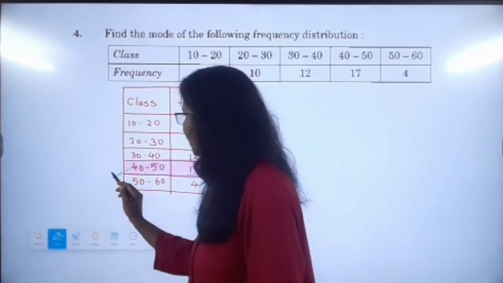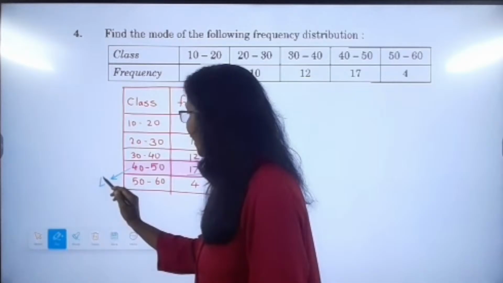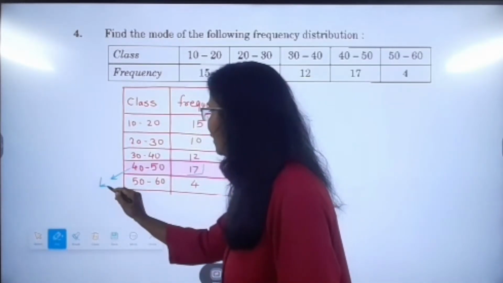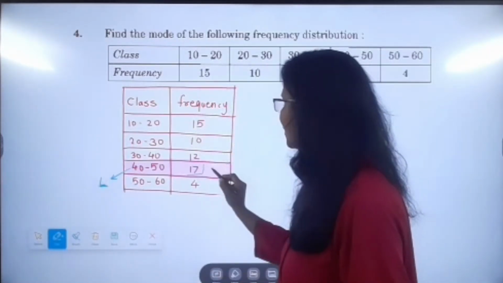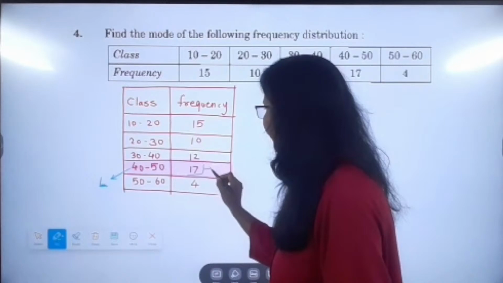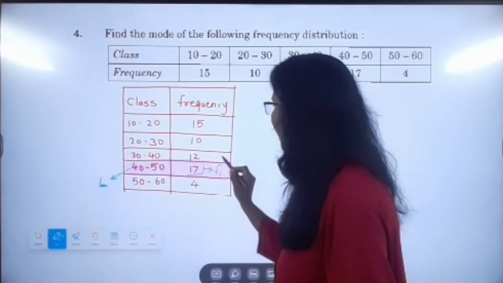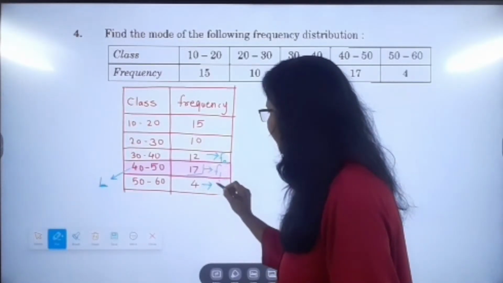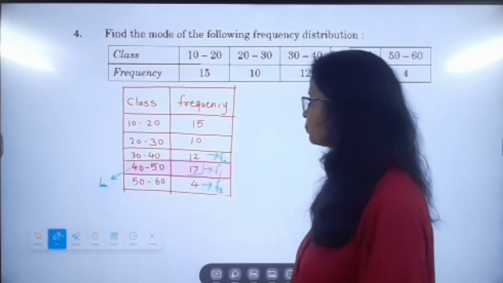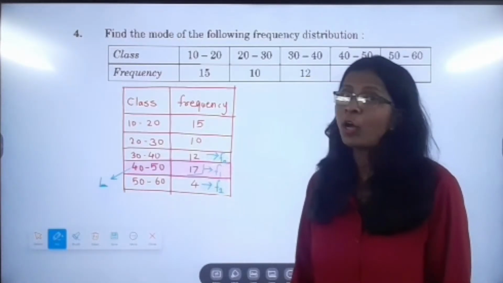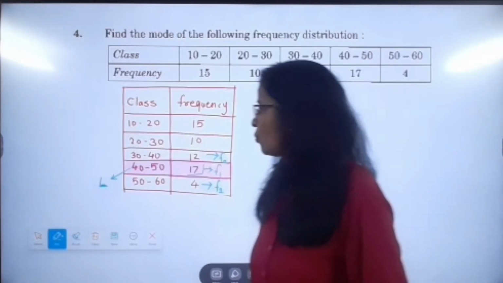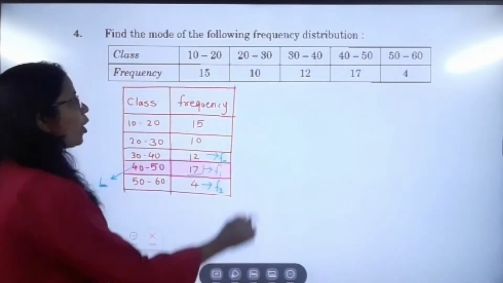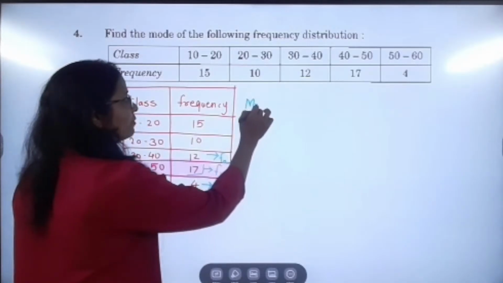Now from this we can write down the values. So 40 means the value of L, and then that 17 will be F1, the previous frequency will be F0, and the next frequency will be F2. Because in the formula of mode, what is the formula?